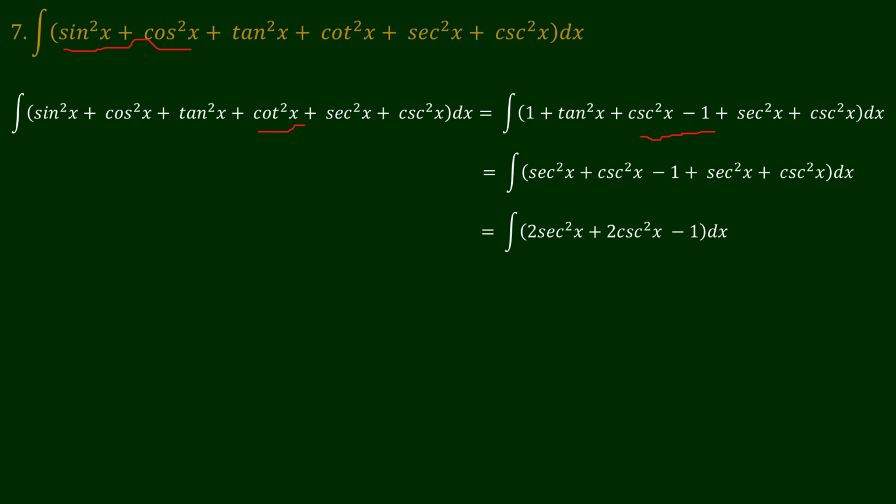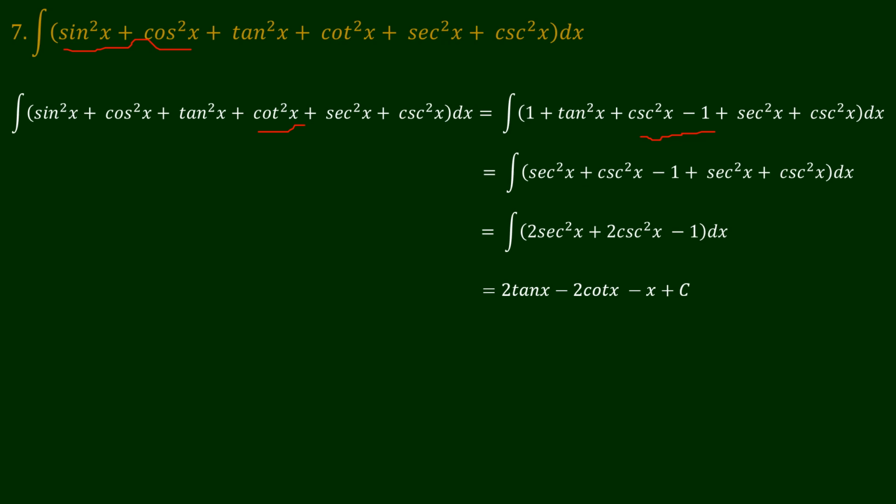Now, we know very well that the derivative of tan x is sec squared x. So the integral of 2 sec squared x is 2 tan x. And we also know that the derivative of cotangent is cosec squared.